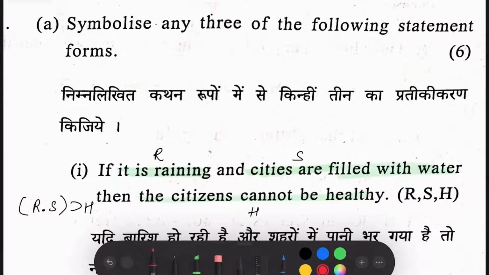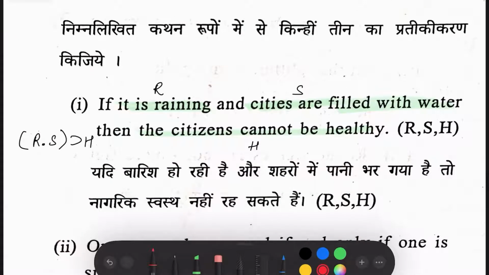Next question is: symbolize any 3 of the following statements. Moving with the first one: if it is raining and cities are filled with water, then the citizens cannot be healthy. And the terms R, S and H are already given.